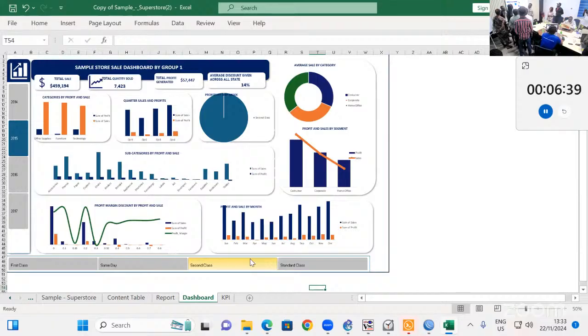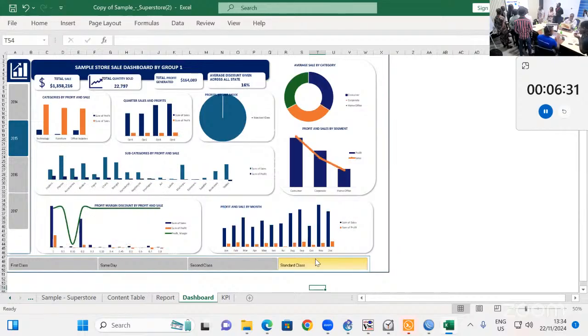For the standard class, if you observe, you understand that total sales is now 1 million. That's to show you that the slicer makes it dynamic. You can navigate to each different shipping mode and class.